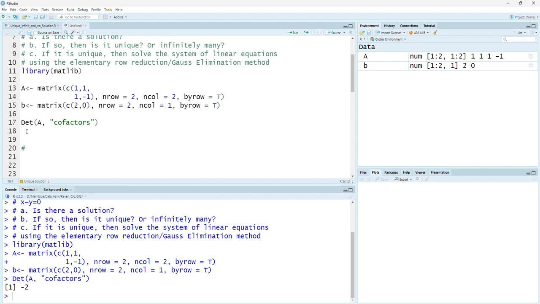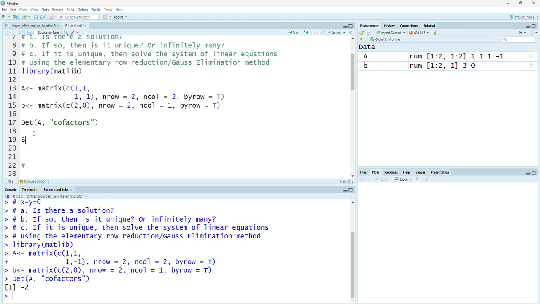There are other ways as well to find out whether your solution is unique or not. But once you see that the determinant of A is not equal to 0, then there will be a unique solution. Let's check.